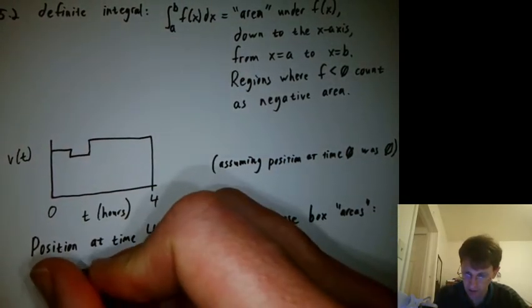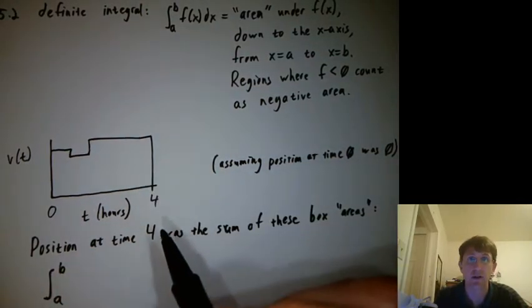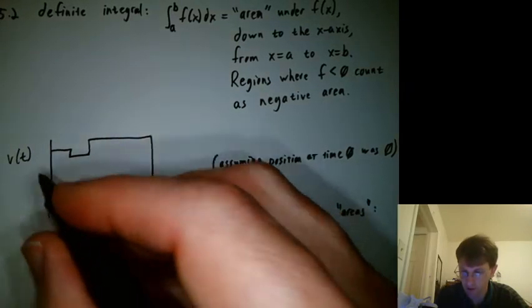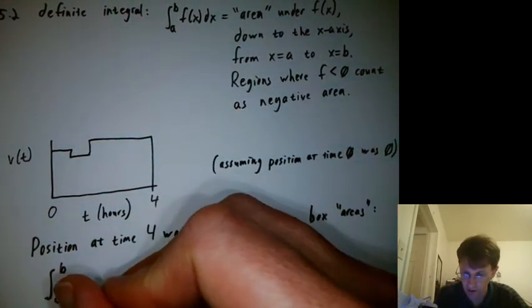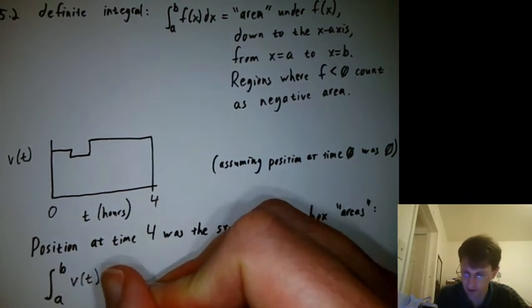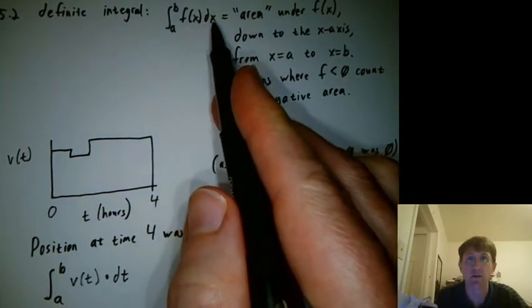So we've got the integral from a to b of what? How do I write this sum of the area under that curve, or function? That curve is v of t, and then times dt, just like we had f of x dx.